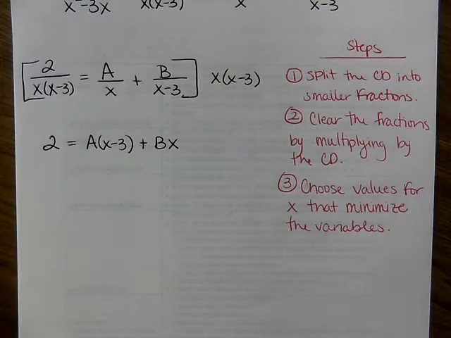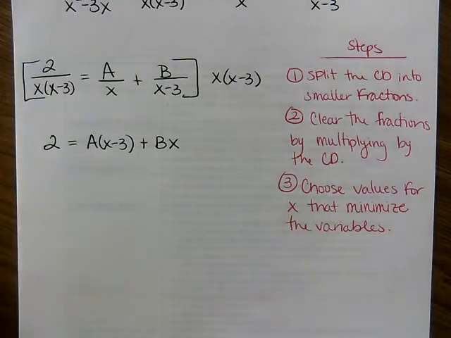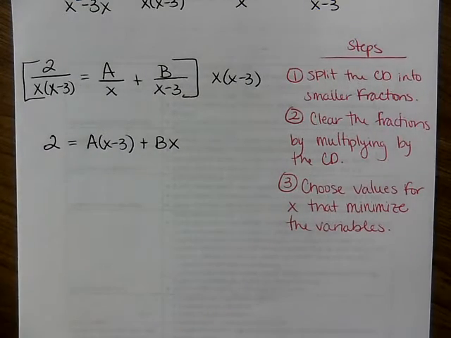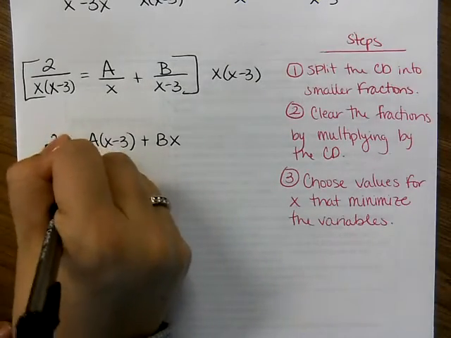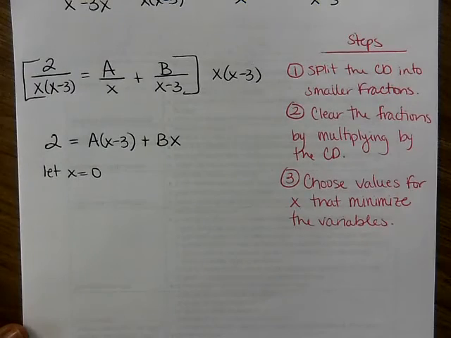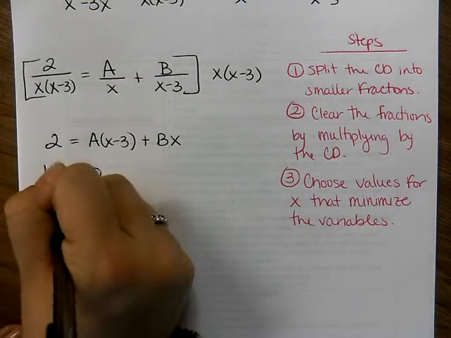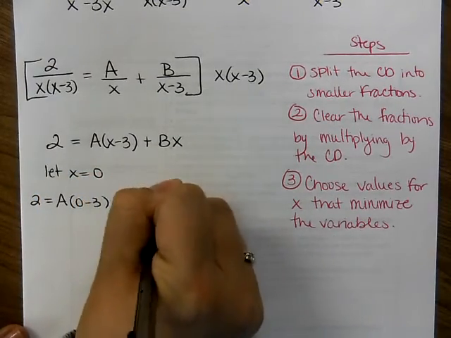So now when you do that, you're going to look at this simplified version here, this cleared fraction version, and think about what value for x I could plug in so that I could get rid of either this a or the b. So what is a value I can plug in for x to do that? 0. So I'm going to let x equal 0. And now everywhere I see an x, I'm going to put 0. So I have 2 equals a times 0 minus 3 plus b times 0.